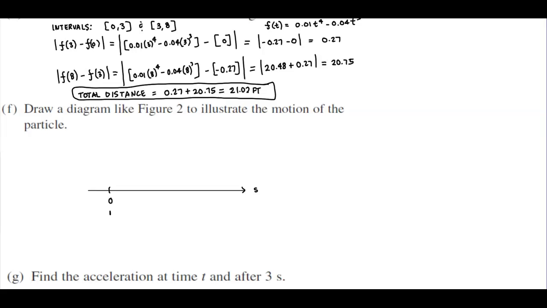Well, when t is equal to 0, s is equal to 0. So here is our point. Okay, and then what happens when t is equal to 3? Well, when t is equal to 3, the position was at negative 0.27. So that means it's going to start going backwards first. So here is that point.